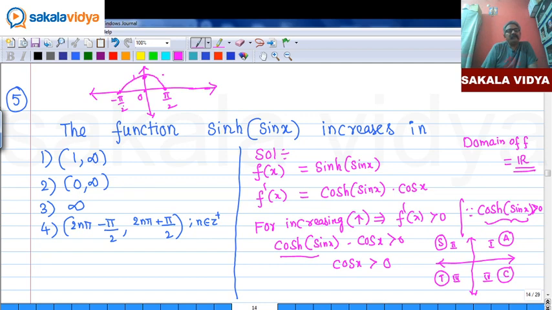In between minus pi by 2 to pi by 2 it will be the upper curve, positive itself only. So x belongs to minus pi by 2 comma pi by 2, but we need to write the general solution, which means adding n pi. So the fourth option is the right option.